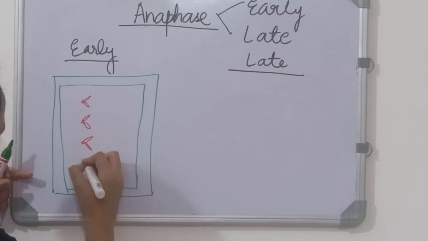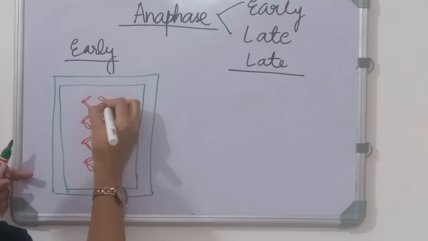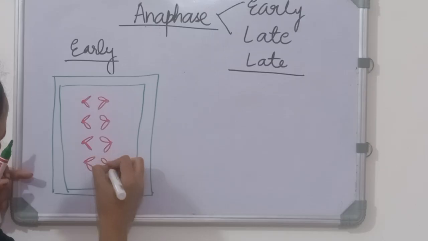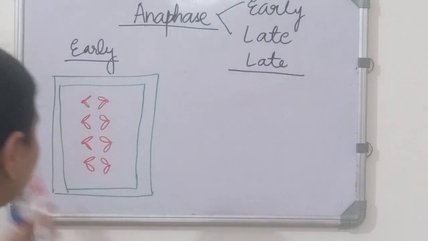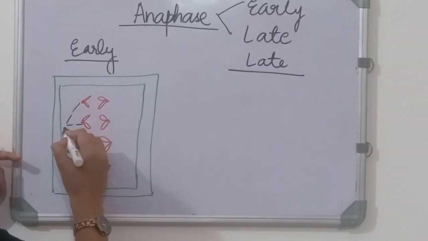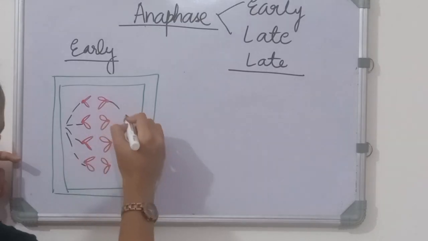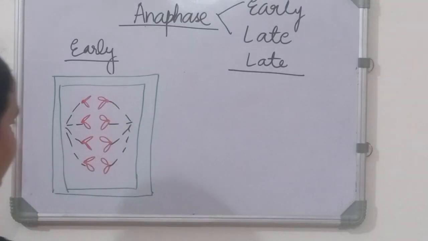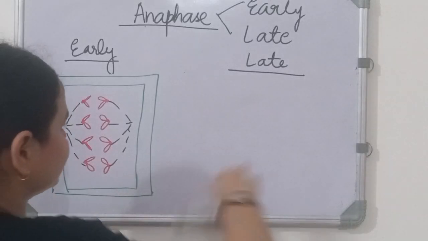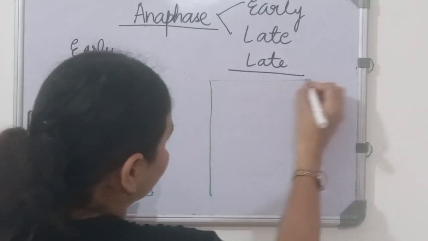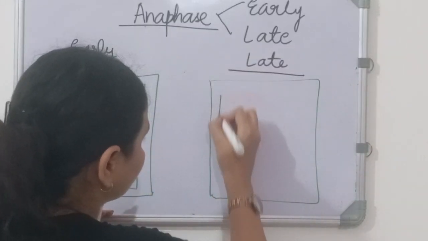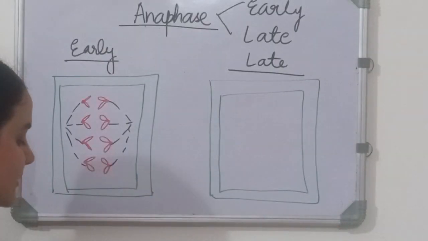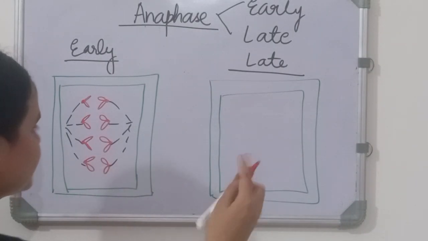These are the sister chromatids. We don't have centrosomes in case of plants. Now, in the late anaphase stage, these sister chromatids have covered a longer distance. So let's draw.